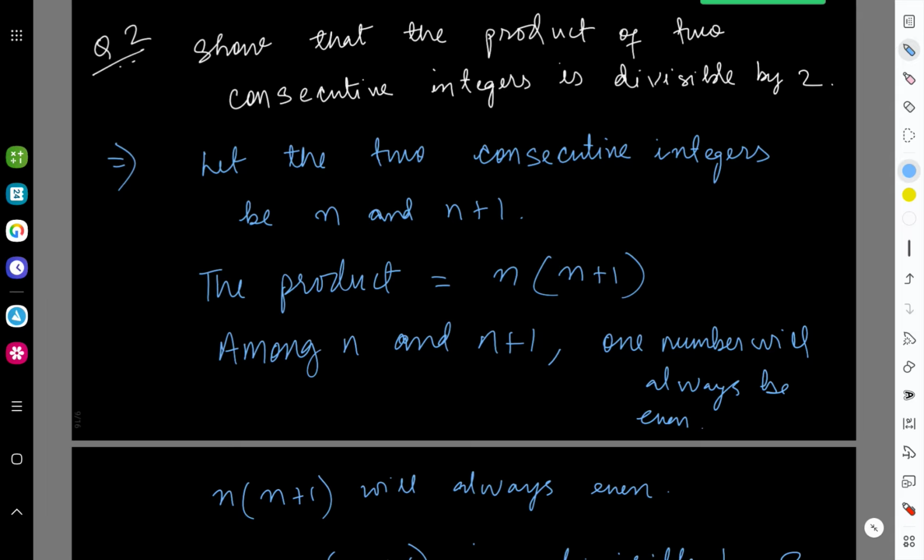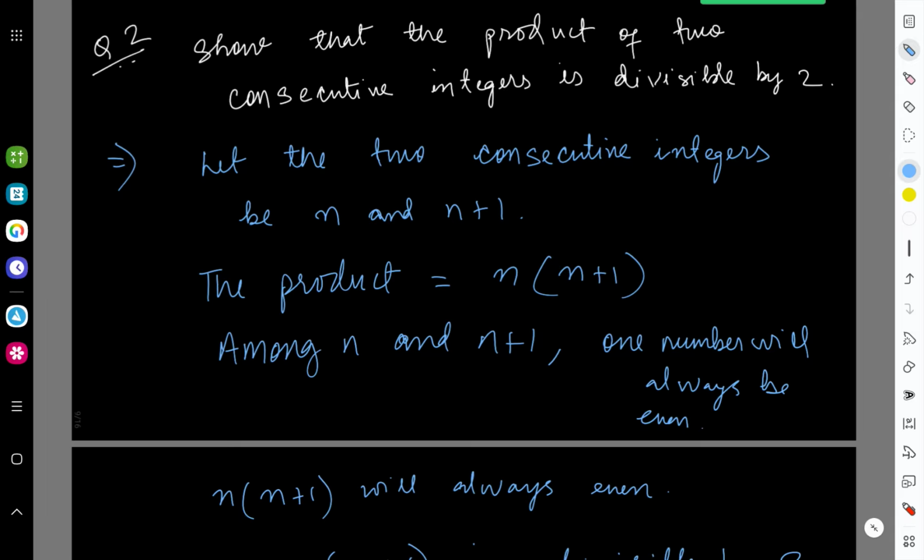I have shown you with example. Then we also mentioned the statement that the product will always be even. I have also supported the statement using some examples. Then we conclude that the product is always divisible by 2, because any number, be it odd or even, if it is multiplied by an even number, then the product will always be divisible by 2. That is how we have proved question number 2.